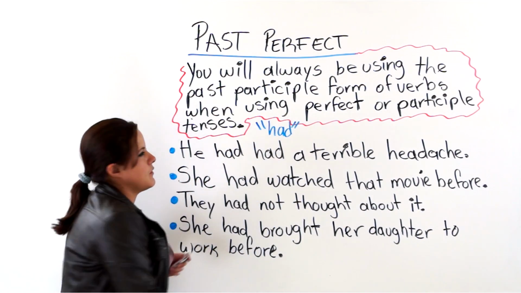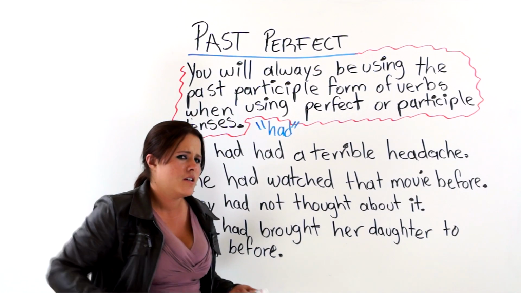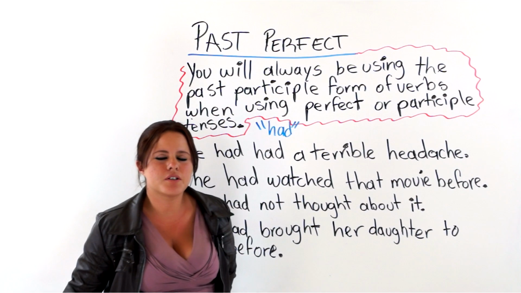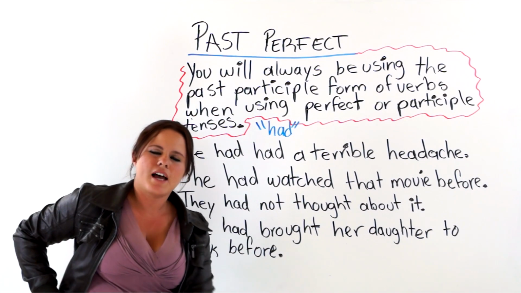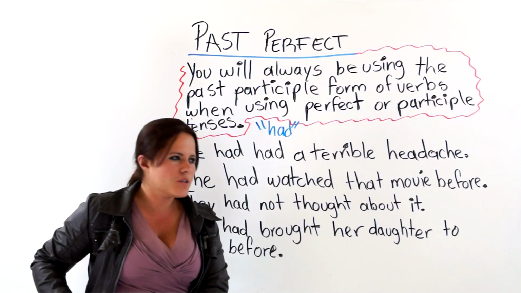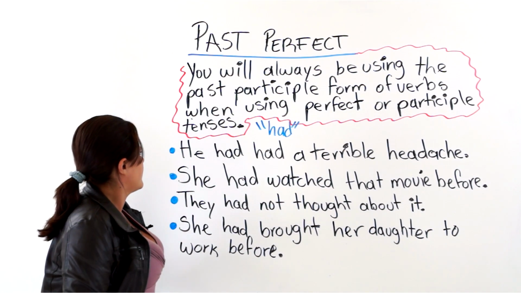Because we are talking about the past perfect. If we were talking about the present perfect, then we would not use had. We would use has or have, but not had. In this case, we are going to use had.